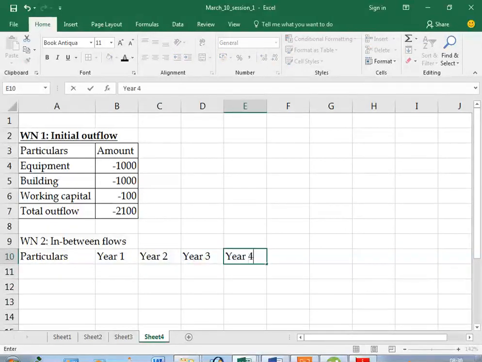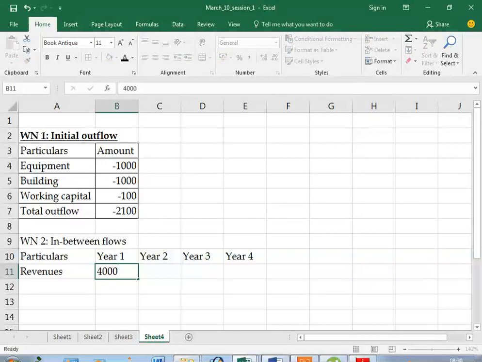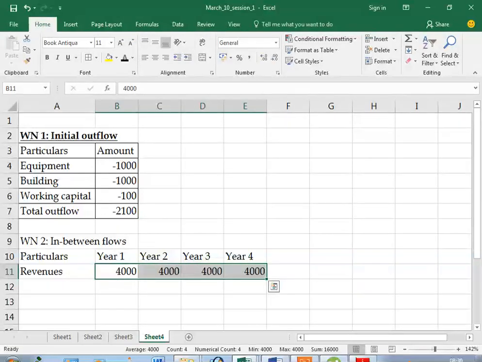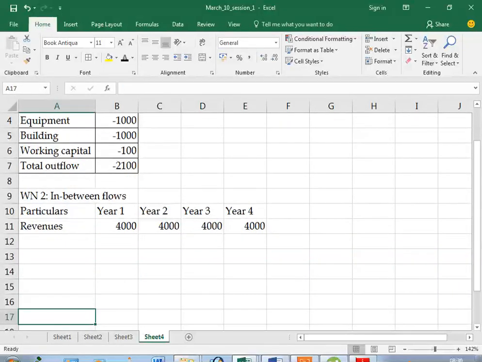Otherwise, we could have clubbed it. Year 1, 2, 3, 4. What is the revenue? 400 million, so 4,000 lakhs. Listen for some time, I don't want you to write anything. Revenues is 4,000 lakhs.